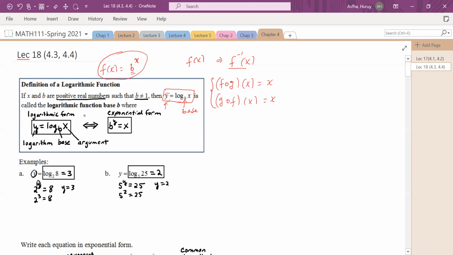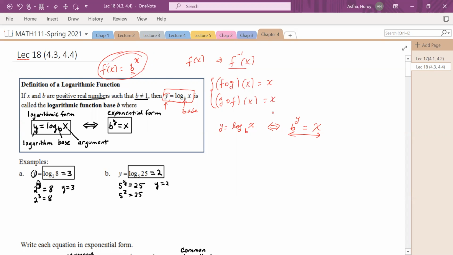Now, if we have y equals log x to the base b, then this is equivalent to writing b to the y equals x. Now here, this is an exponential function. Okay, this format is the exponential form.